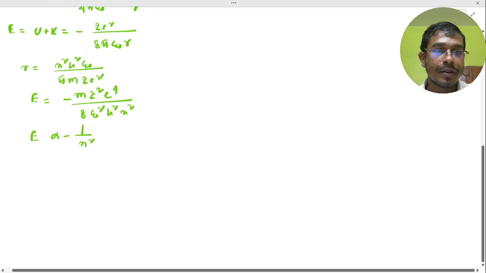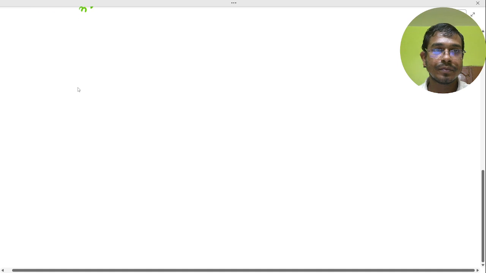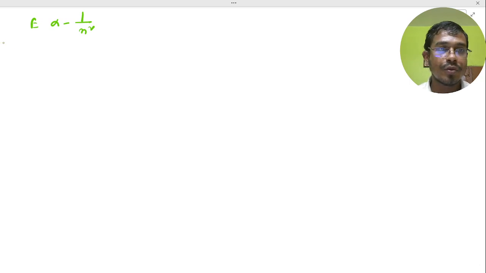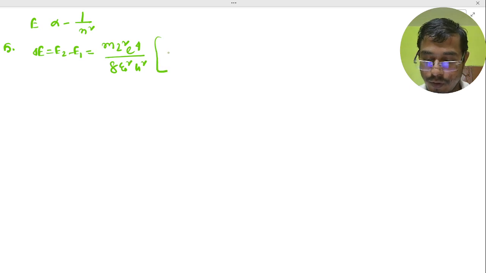For this jump, using formula number 5, we get the energy difference delta E equal to E2 minus E1, which is m z square e to the power 4 by 8 epsilon naught square h square times (1 by n1 square minus 1 by n2 square).